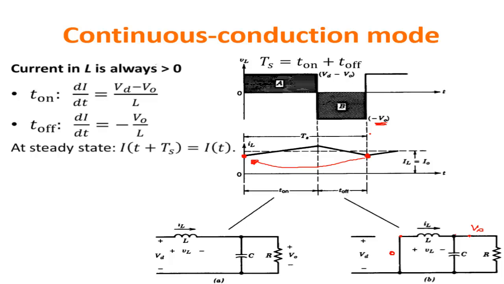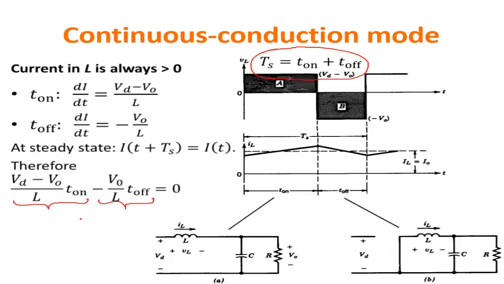Let's follow this part. This is the increase during T on, VD minus V0 over L times T on. This is delta I. And this is the decrease during T off, V0 over L times T off. They have to be equal, so the difference of the two has to be 0.